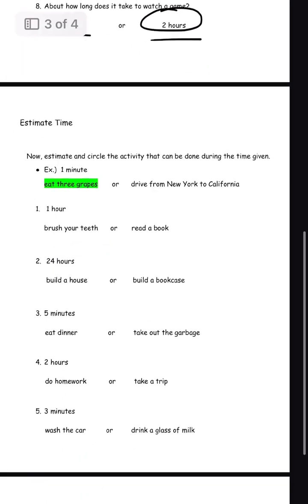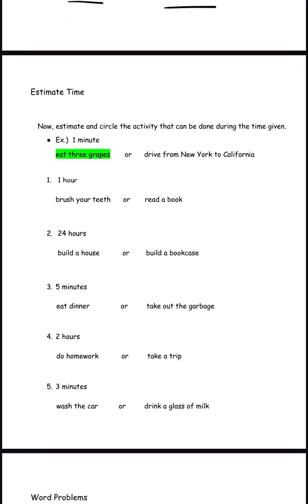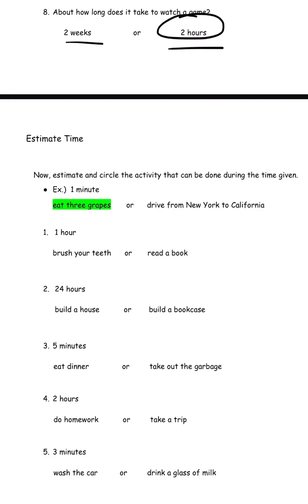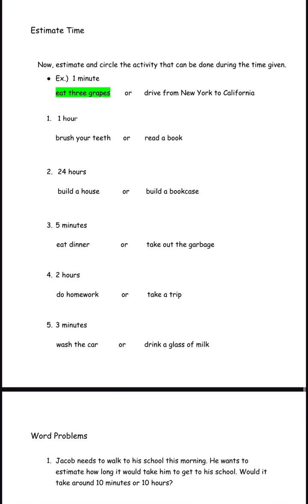Okay, then let's move on to this one. It's a similar thing, but it's just changed. It's going to give us the time, and now we have to estimate the activity that will match. So let's look at the example. It says, now estimate and circle the activity that can be done during the time given. The example says 1 minute.